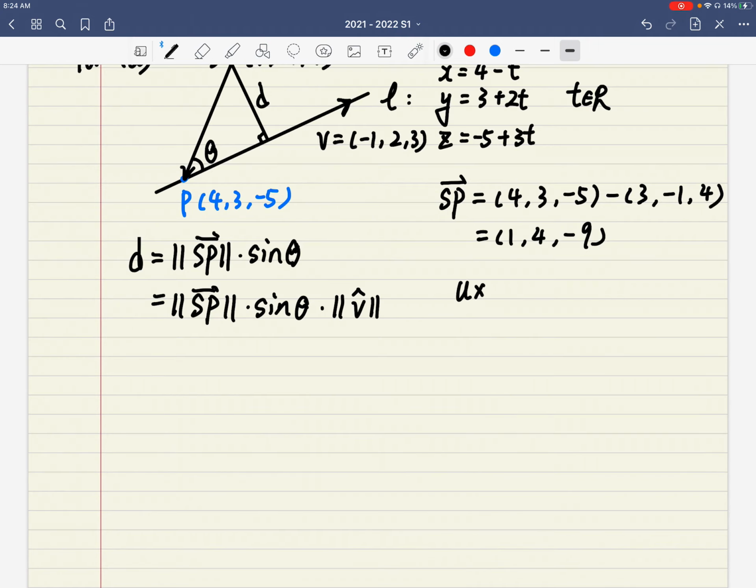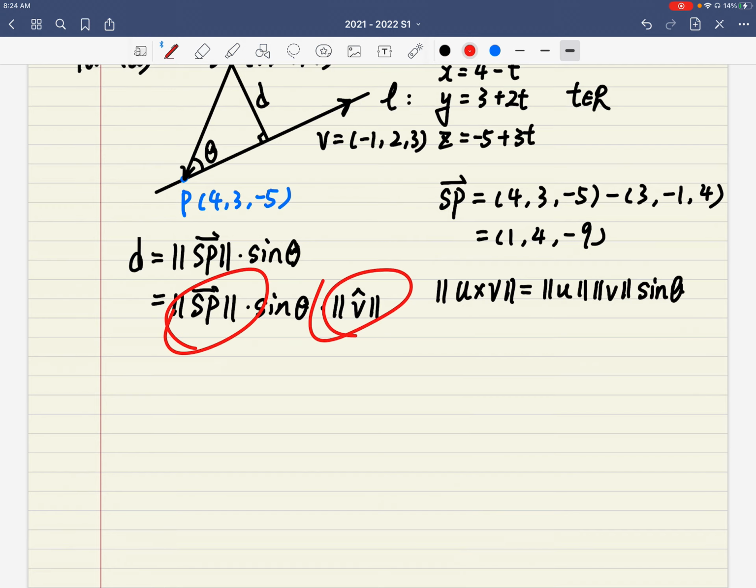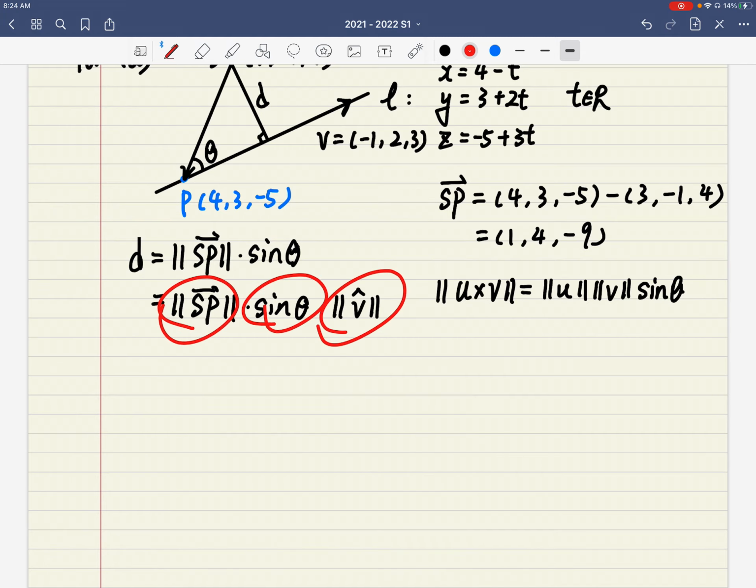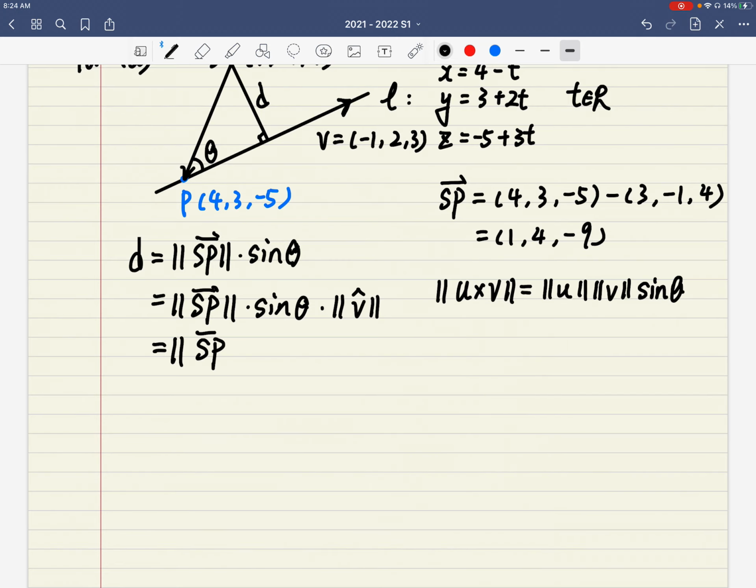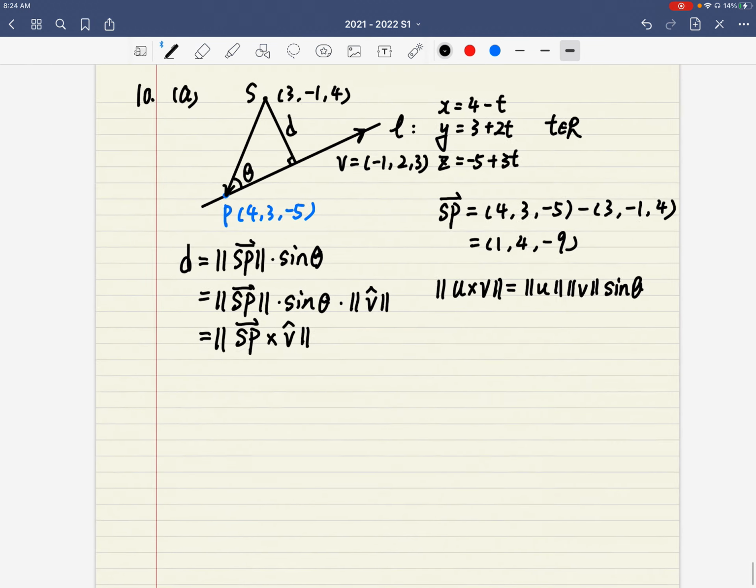Just now, when we discussed the length of U cross V, it's the length of U times the length of V times sine theta. So the length of SP times the length of V hat times sine theta is exactly the length of SP cross V hat.